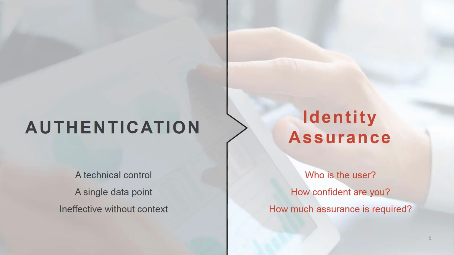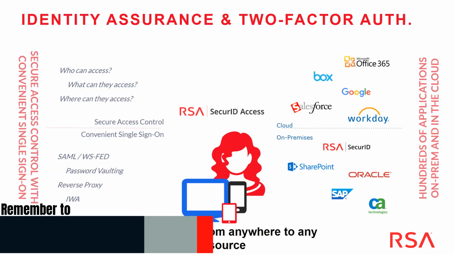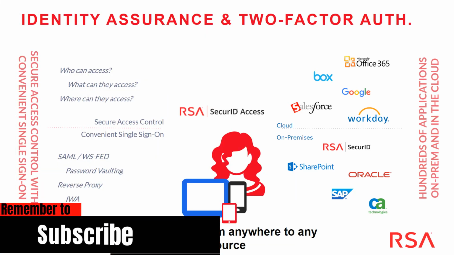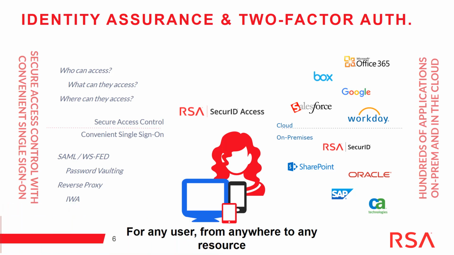How confident are you in that user? And how much assurance is really required, right? So let's determine the criticality of that application or that user. Let's really learn that. And with SecurID Access, you can definitely do that, right? You can determine who has access, what they can have access to, and where they can have access.